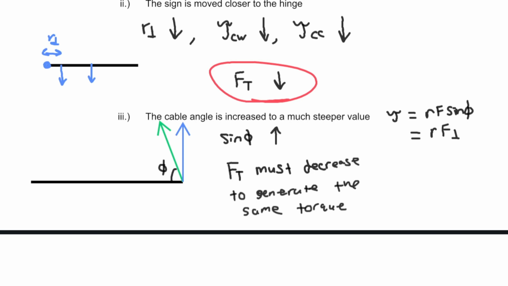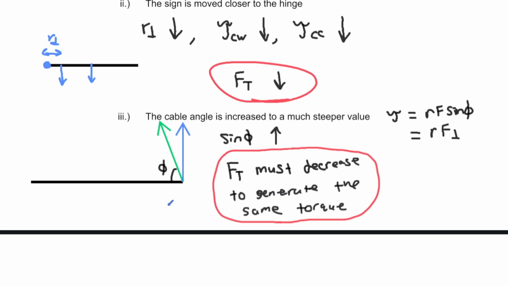And again, I like to think of this as almost like getting the most bang for your buck in this situation. If your angle is very, very steep, much more of the force is actively being used to actually rotate the system. That means much less total force is required to generate the torque you need, because if your angle is much steeper, this component is going to be much longer.